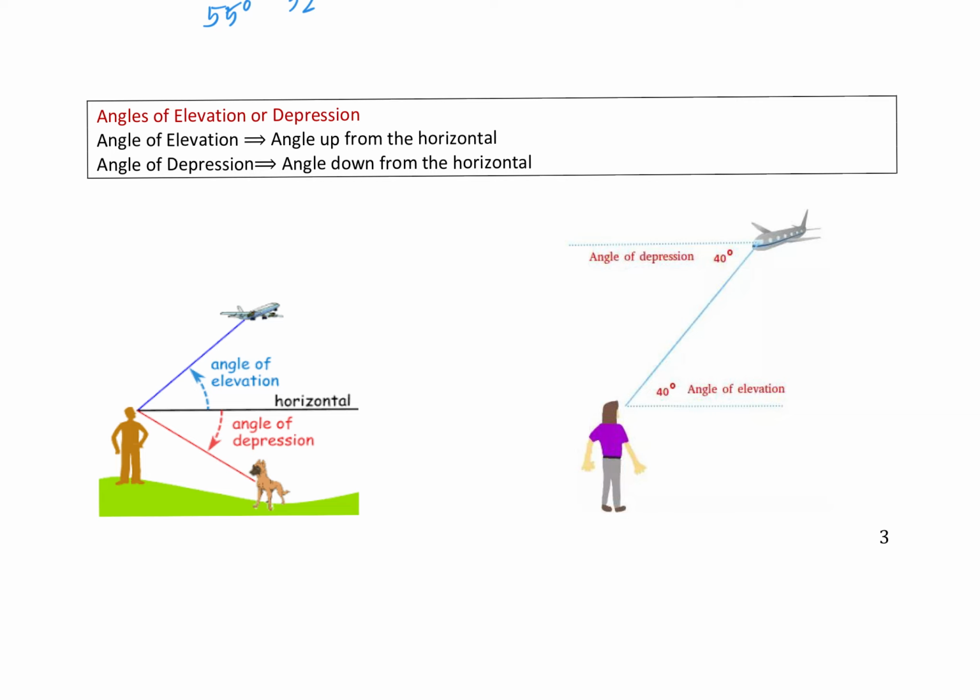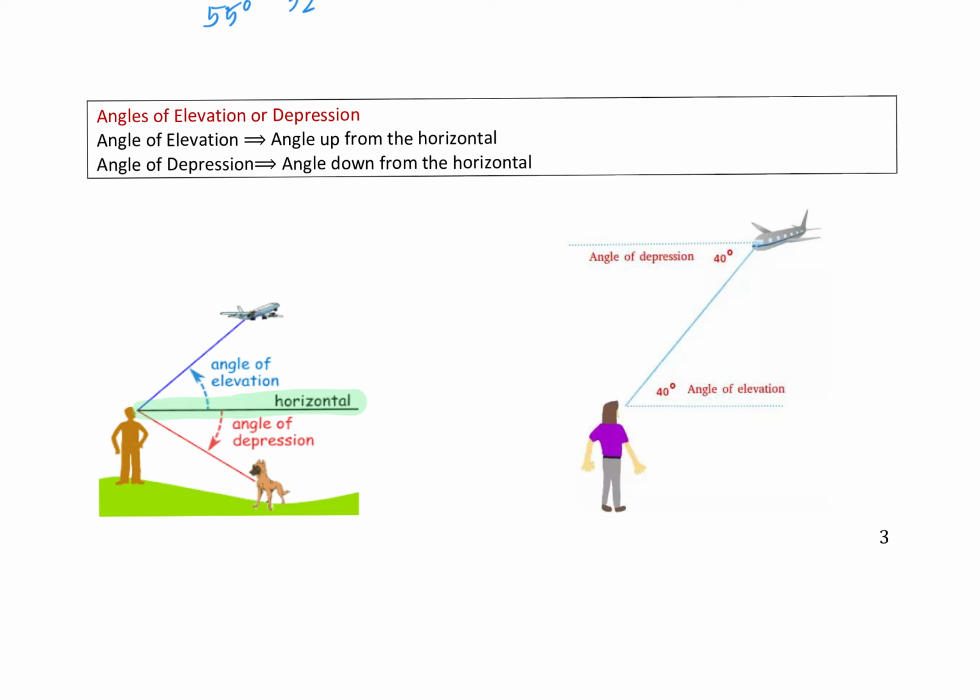Let's move on to another thing that may come up as you're solving word problems with right angles: the angle of elevation and the angle of depression. When we talk about an angle of elevation, in this first diagram we can see this person. The horizontal line is if that person's looking straight forward.